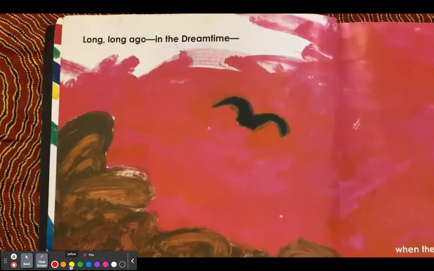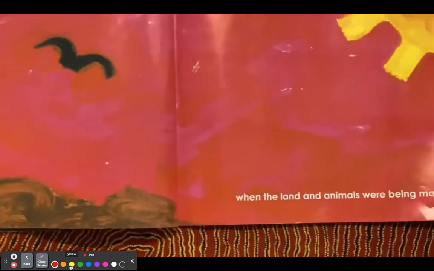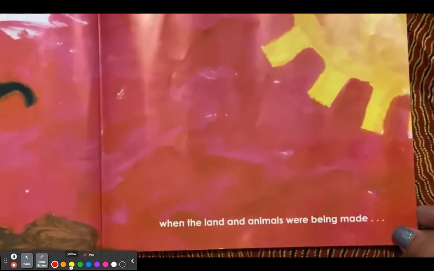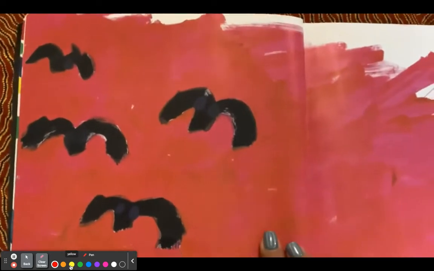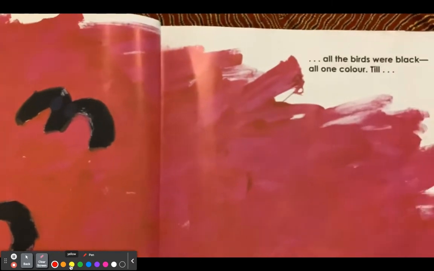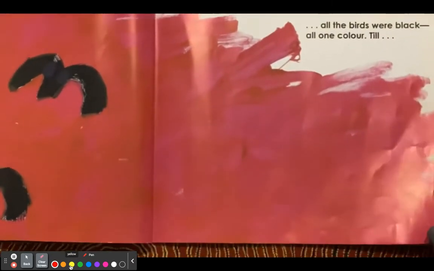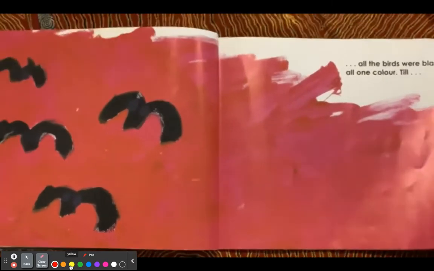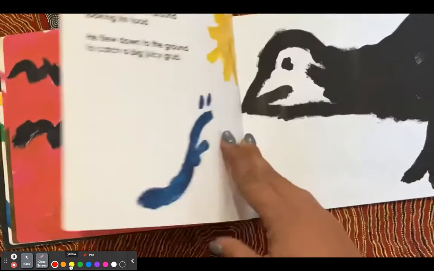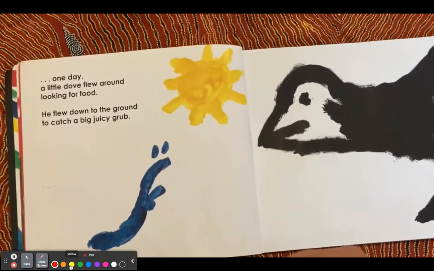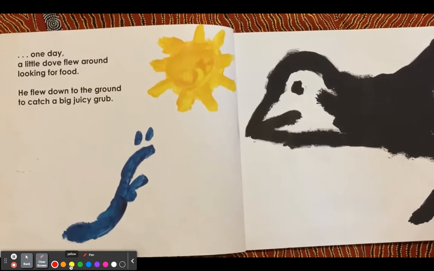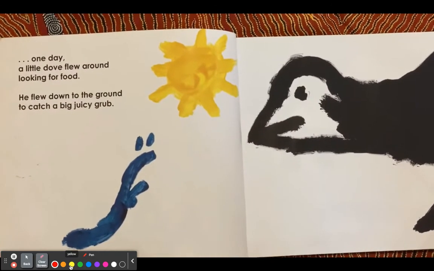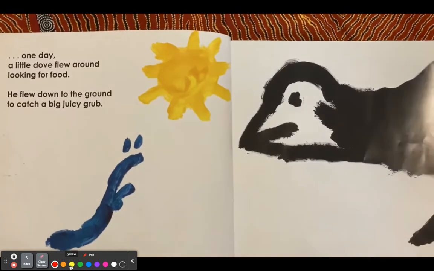Long, long ago, in the dream time, when the land and animals were being made, all the birds were black, all one colour, till one day a little dove flew around looking for food. He flew down to the ground to catch a big, juicy grub.